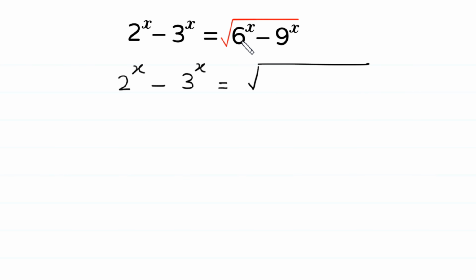We can write this 6 to the power x as 2 times 3 whole to the power x, minus, and we can write this 9 to the power x as 3 to the power 2 whole to the power x.